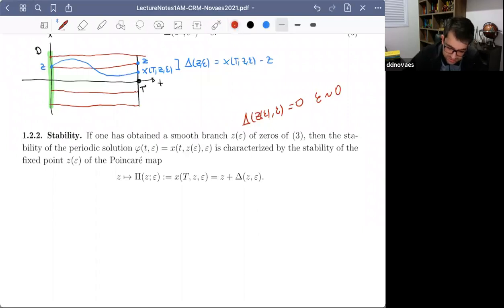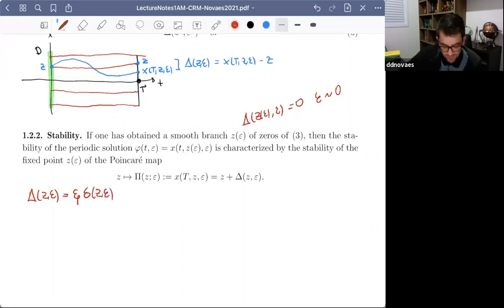We shall see that the displacement function in this case is of order epsilon. That means we can always write an epsilon multiplying another function, let's call it small delta.